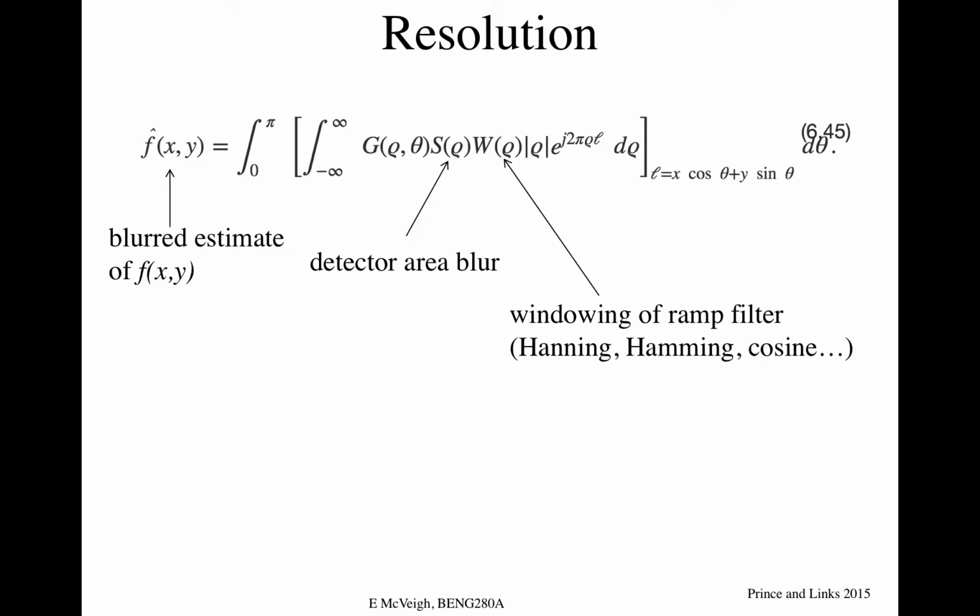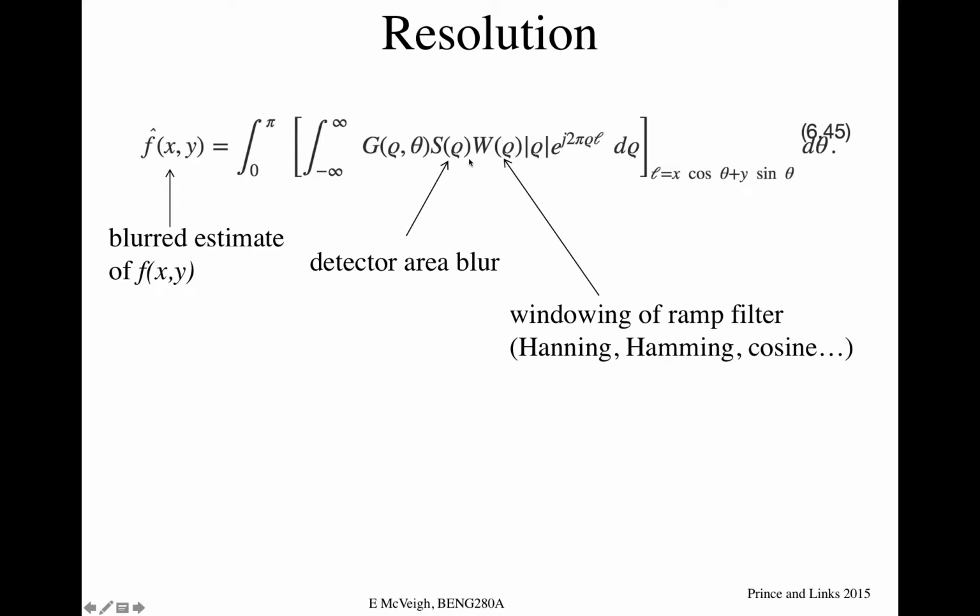So instead of having this ramp, we have a truncated ramp. The Ram-Lak filter, or what we call the ramp filter, is just this weighting function, basically a rect that chops it off at a specific high frequency value. Those other functions, Hamming, etc., are more sensible envelopes for filters, and that's where they come into play.